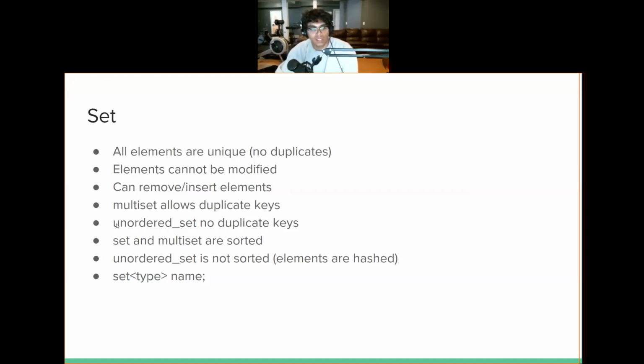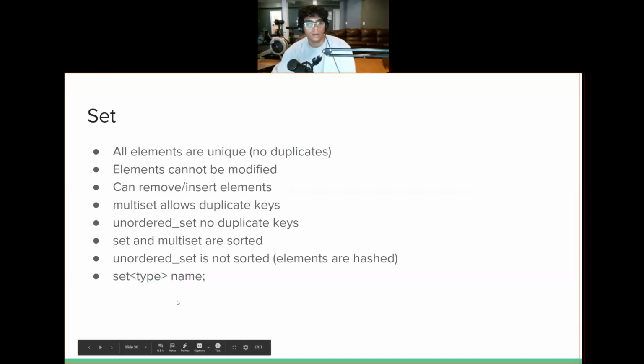But unordered sets are the same as normal sets in that they don't have duplicate keys, but instead they're not sorted. But sets and multisets are similar in that they're sorted, so kind of confusing. So some of them are sorted, some of them allow duplicate keys, some of them don't. But yeah, it's the basic notion of it.